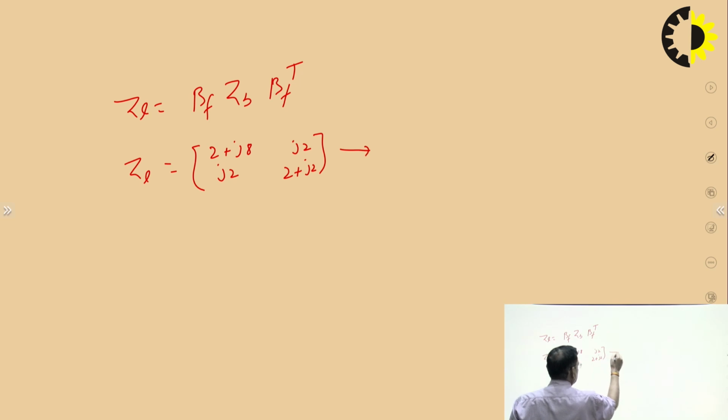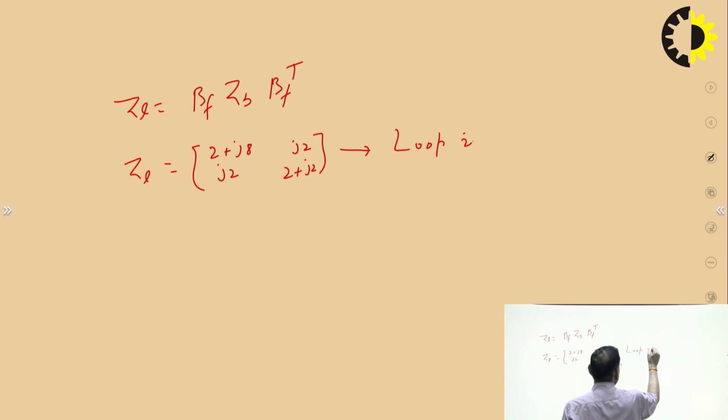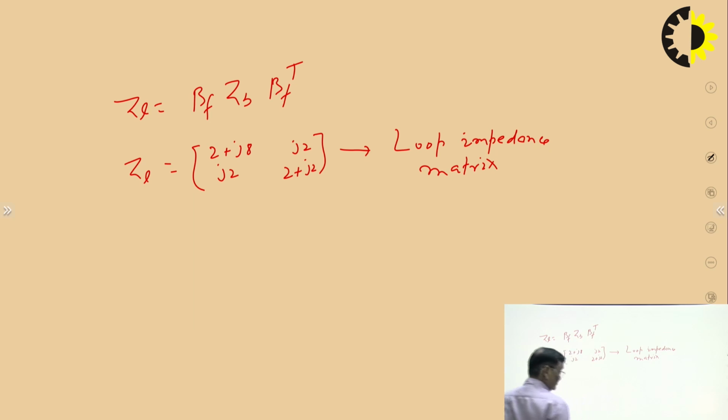So this is the loop impedance matrix. Part 1 is done, now part 2.